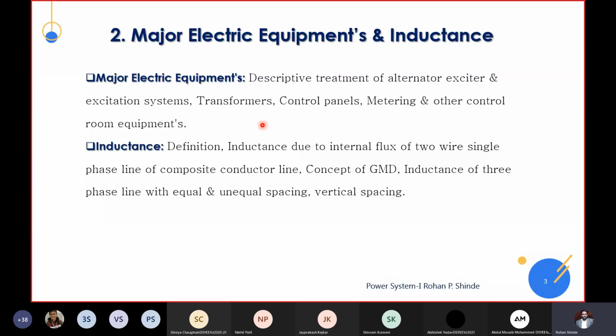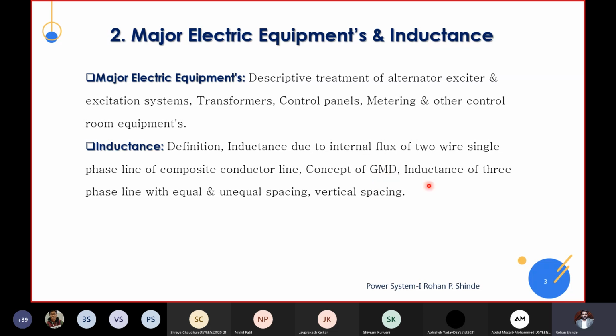After that we have to see inductance due to internal flux of a two-wire single phase line, as well as the composite conductor line. After that we have to see geometric mean distance, what is the concept of geometric mean distance. GMD, we know GMR, geometric mean radius, as well as geometric mean distance we have to see.